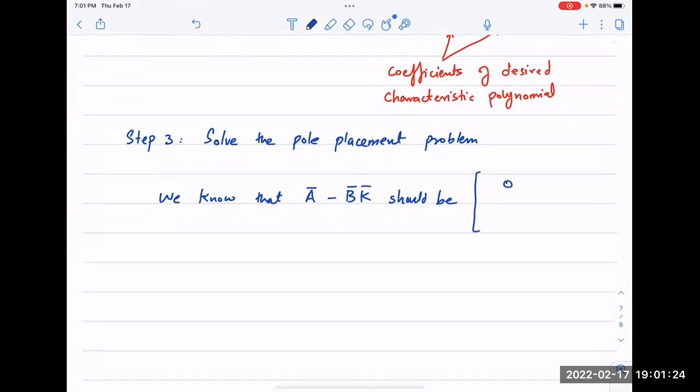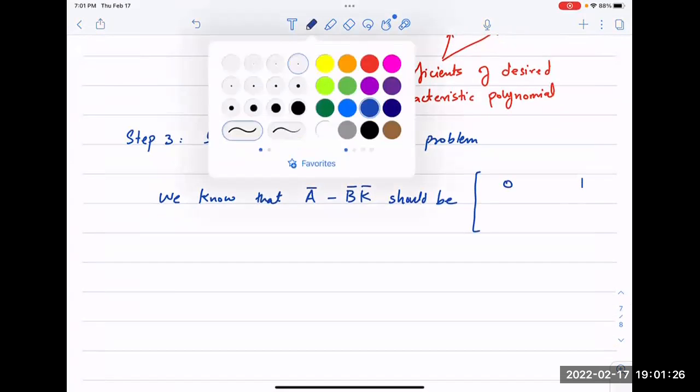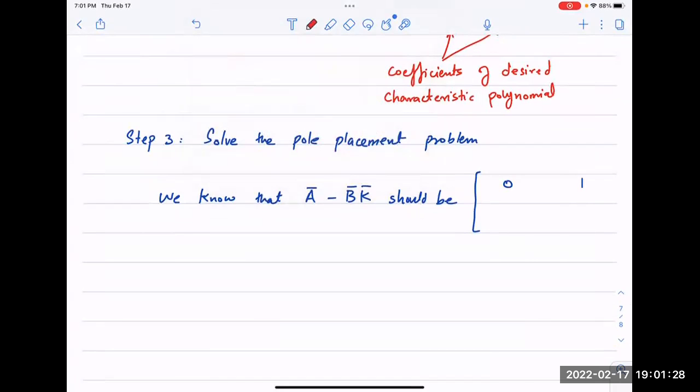It is 0 and 1, but the last row, as we have seen, will be negative A0 bar plus K1 bar, and the second one is minus A1 bar plus K2 bar.